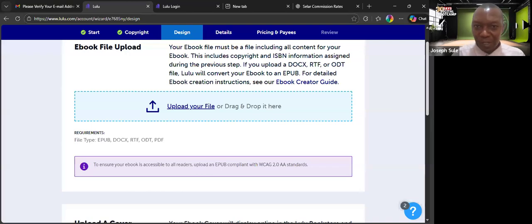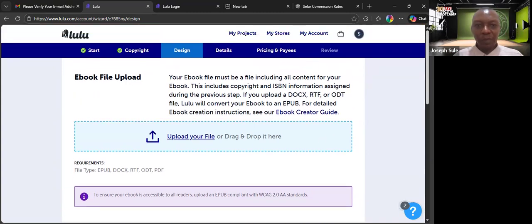The book itself is not there. This is where you upload the book proper. And the first thing is upload your file or drag and drop it here. This is the book cover, okay? This is where I'm going to bring in the book cover. And any form will do, any format, whether it's Word or whatever it is, Lulu accepts it.